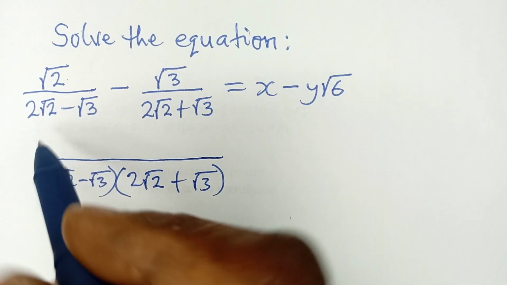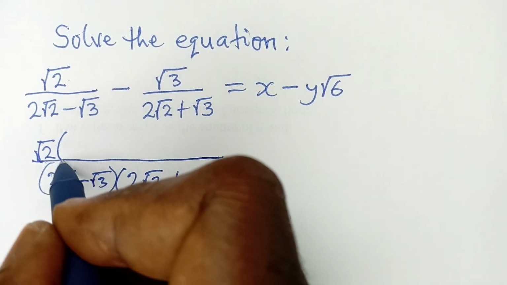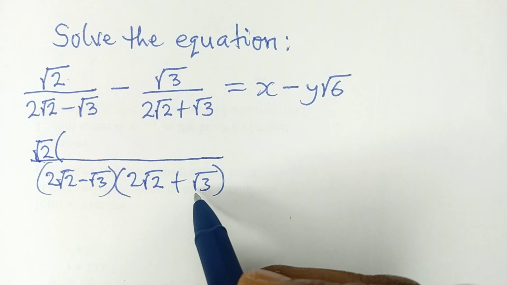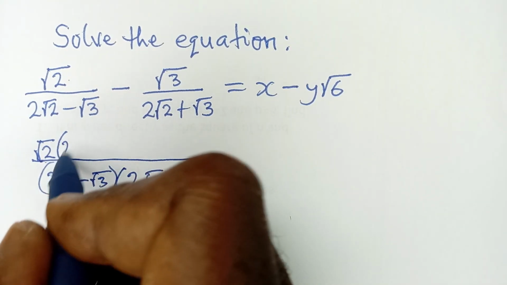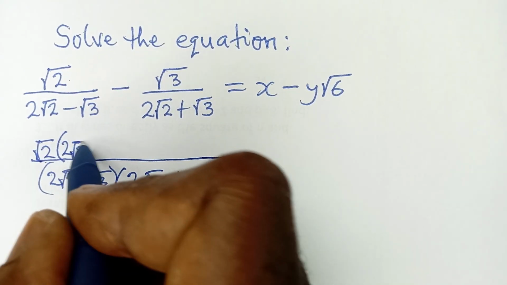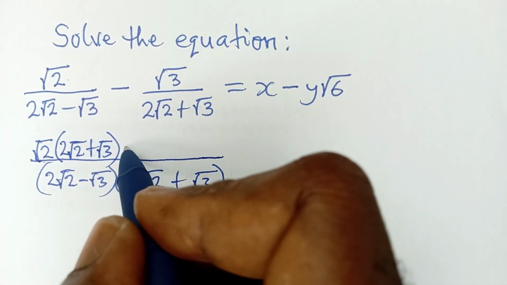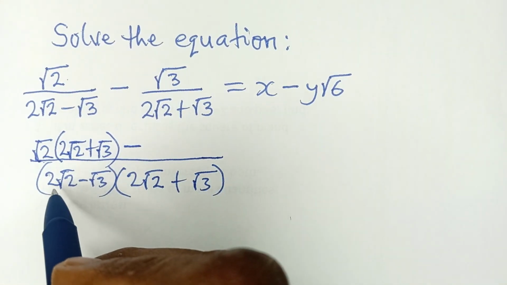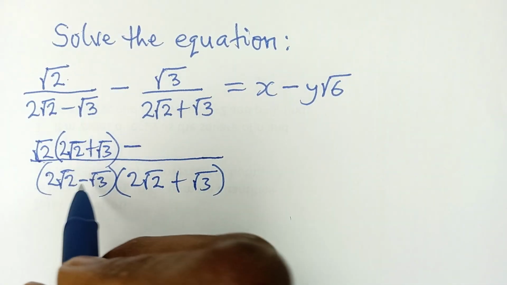So we're going to use this part now to multiply this. So it becomes root 2 multiplied by this part that we got. When we divided this by this, we have this part. So it becomes 2 root 2 plus root 3. And then minus, when this divides this will cancel this and we'll be left with this.